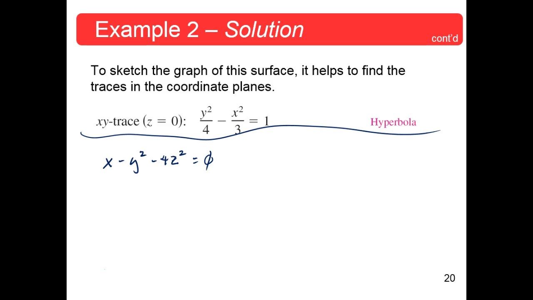Get the linear things on one side and the quadratic on the other. So what would that yield? In other words, let's add y squared and 4z squared to both sides. Okay, what would that give us? x is equal to, see that goes to 0, that goes to 0, y squared plus 4z squared.